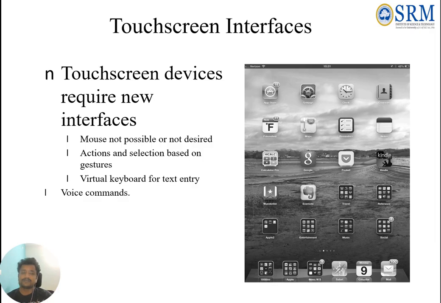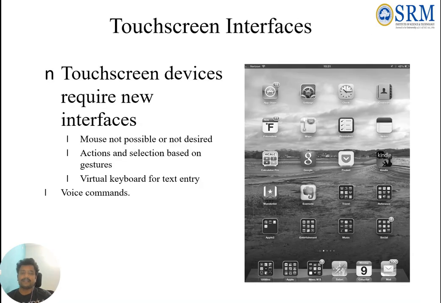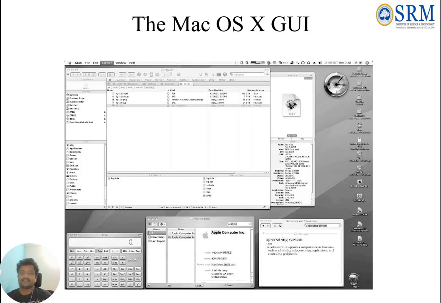The mouse is not possible, as we had with the normal desktop or laptop. Here the selection action has to be done with gestures, and virtual entry or voice commands have to be initiated on this touchscreen device. For the Mac, we have the same GUI we have seen before.